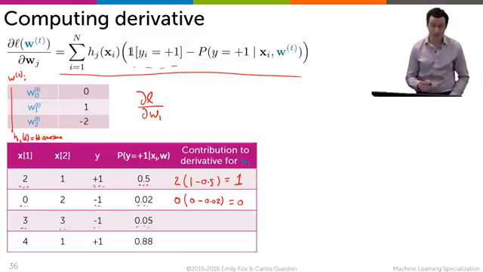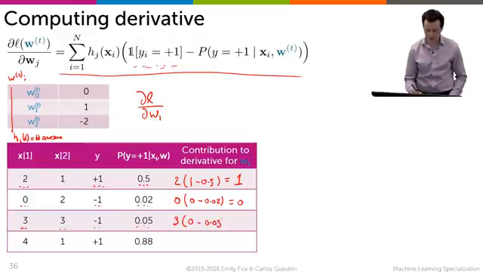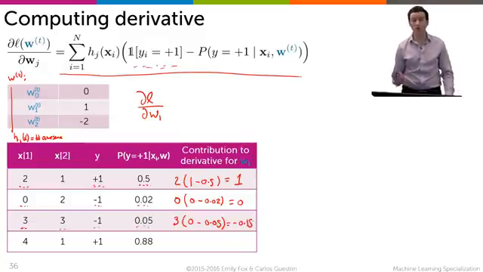Okay, so let's look at h1 of x, in this case it is 3. It multiplies the difference between the indicator that it is a positive example, so in this case it is not, so it's 0, minus the probability assigned to the positive example, which is 0.05. If you multiply this together, you get minus 0.15. So that's the contribution. The contribution is negative to the gradient.